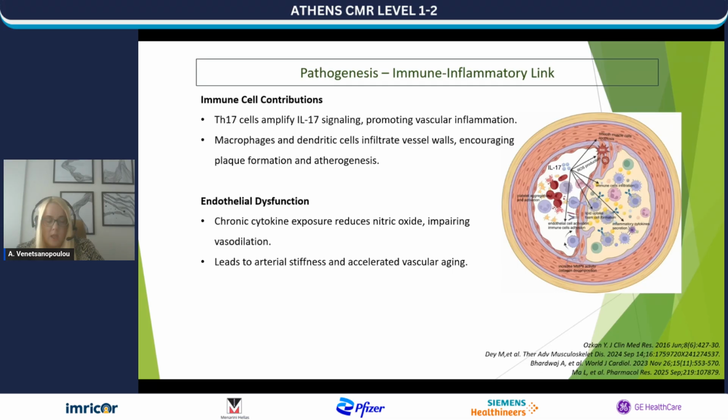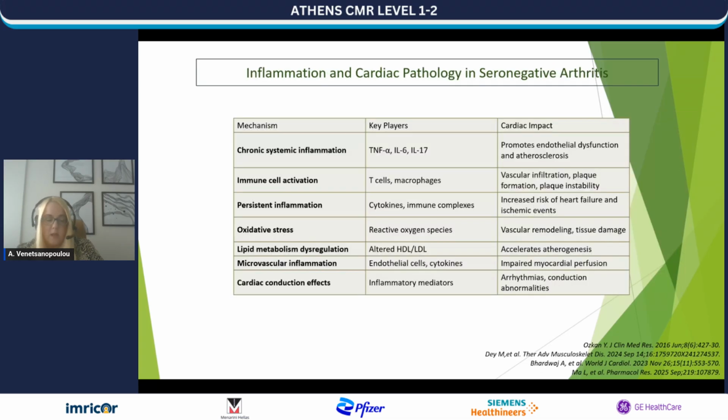So, we said that there is chronic systemic inflammation and immune cell activation, but there are three other mechanisms that we need to highlight so we can understand the pathology better.